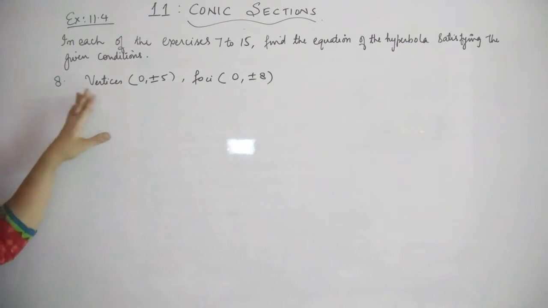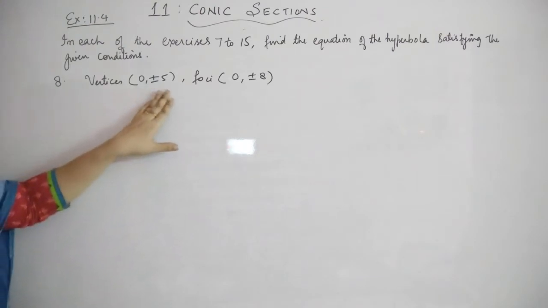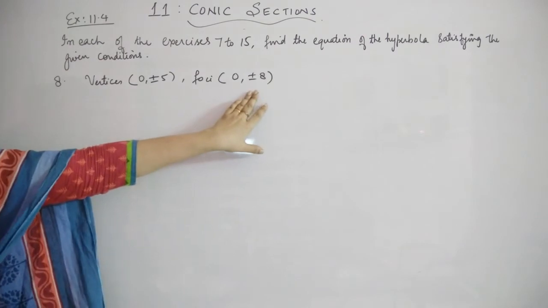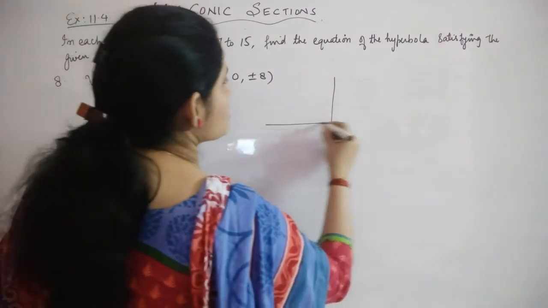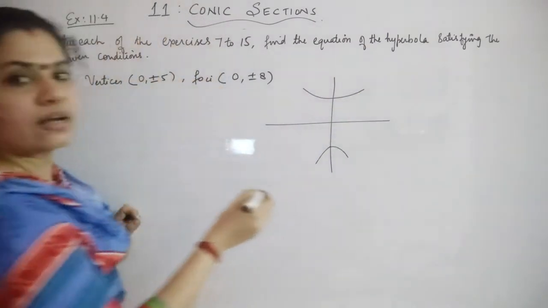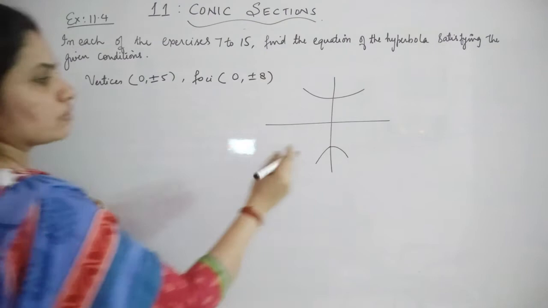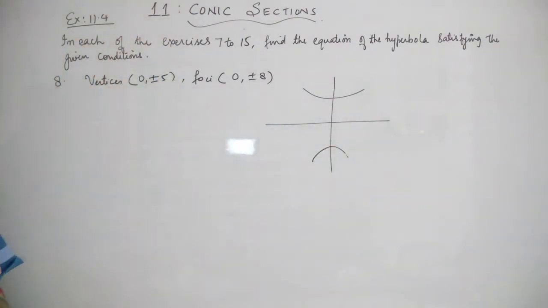8th question: vertices are given to be 0, plus or minus 5 and foci are 0, plus or minus 8. So this is of the form 0, plus or minus a and 0, plus or minus c. So you can say that the foci and vertices are lying on the y-axis, right? Now when they are on the y-axis, the form of the equation will be y square by a square minus x square by b square equal to 1.